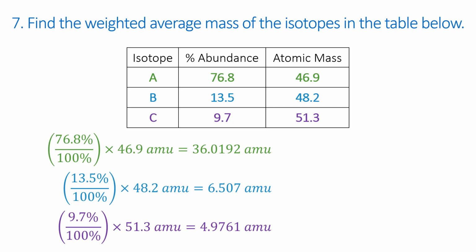Once I get all of those answers here, I can add them all up and get my final molar mass here, my average weighted mass. It is important to note that 9.7, remember that whenever you divide by 100 that you're moving the decimal over twice. So that would be 0.097 once you did the division.